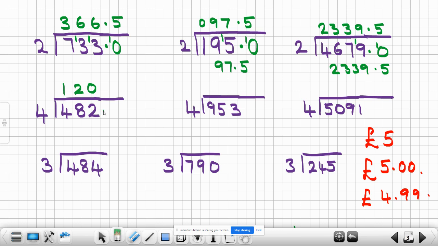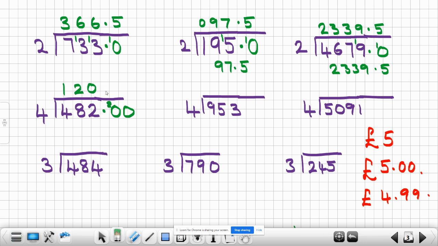So we're going to do exactly what we did before. I'm going to put a decimal point. And this time I'm going to put 2 zeros, because when we're dividing by 4, 1 zero may not be enough. Let's see what happens. So the 2 was left over. So we can put it in front of that 0 to make 20.